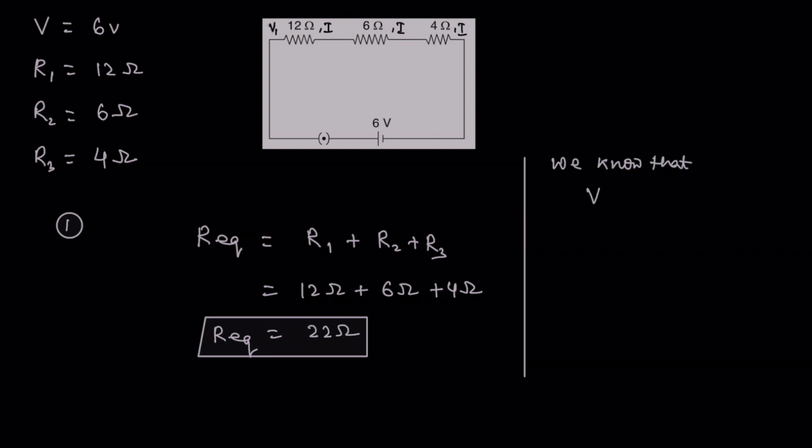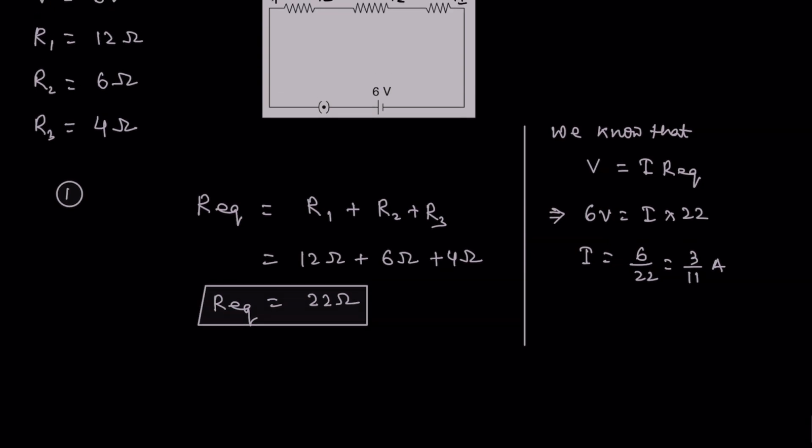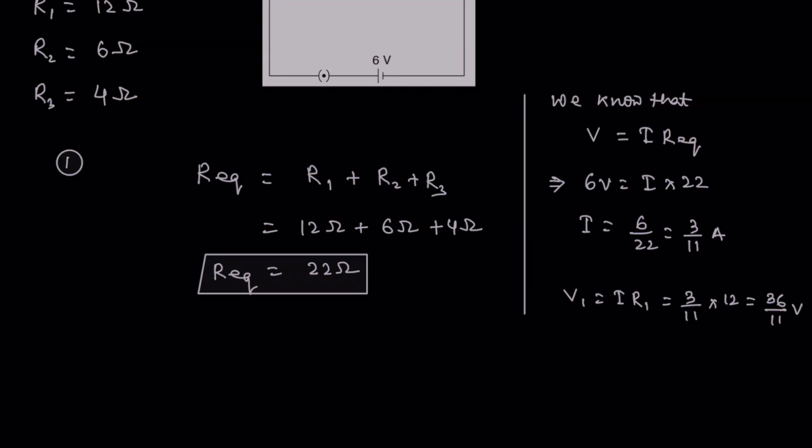So we know that V is the total voltage. It is equal to I into total resistance. So voltage is 6 volt, current we don't know, and equivalent resistance is 22. So I is equal to 6 by 22, so 3 by 11 ampere. So current is the same for all the resistors. If we have to find V1, V1 is equal to IR1, and I is 3 by 11, R is 12, so 36 by 11 volt.